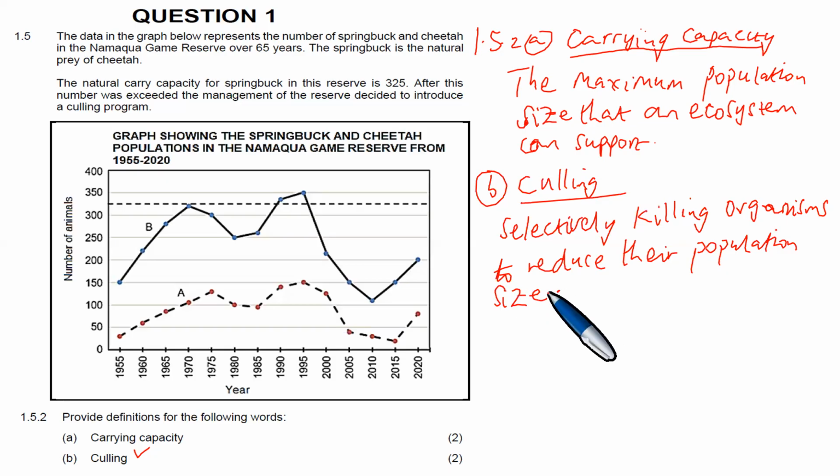Okay, culling refers to selectively killing organisms to reduce their population size. So with culling, you actually selectively kill organisms to reduce their population size. If this is not the case, you must focus on the removal of animals of inferior quality.